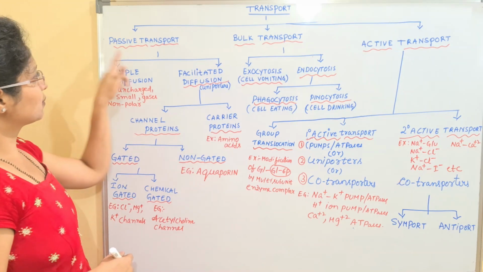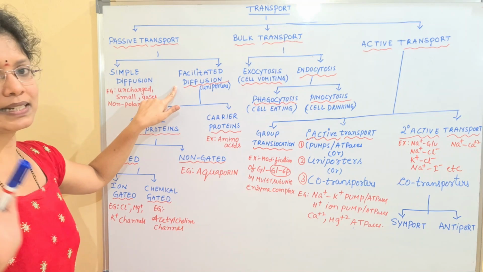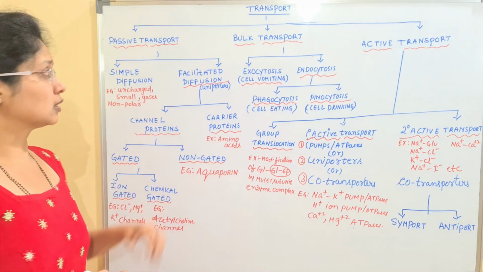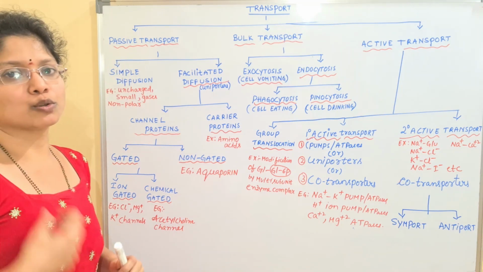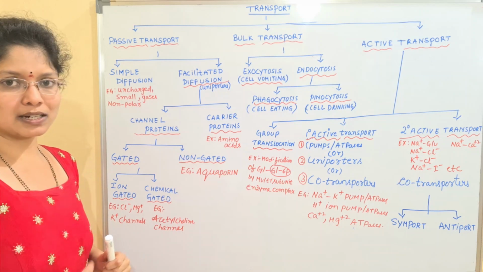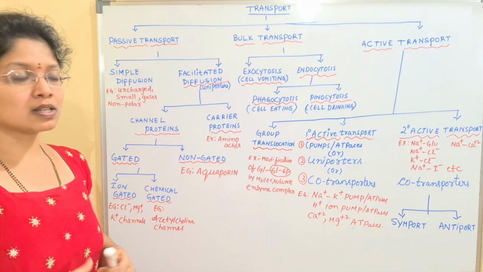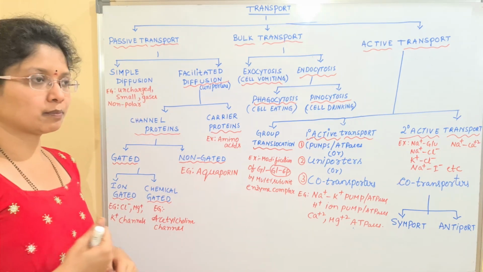So the passive transport is further divided into simple diffusion and facilitated diffusion. Another important common point for passive transport is the movement of single molecules. Always a single molecule participates, and we call these systems uniporters. Why? Because for simple diffusion, protein is not present here.